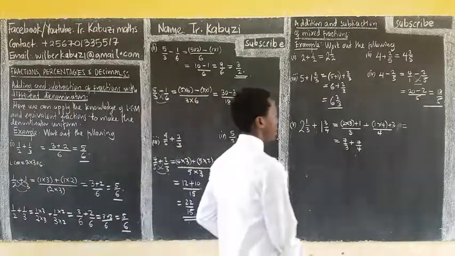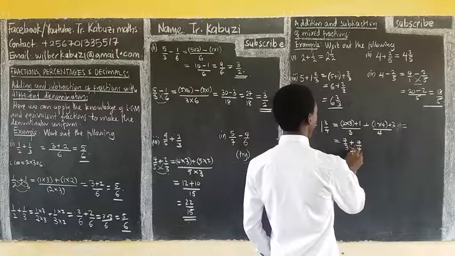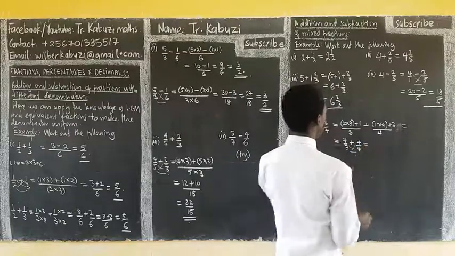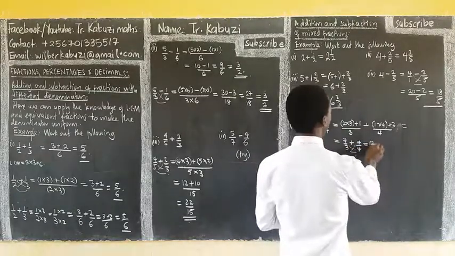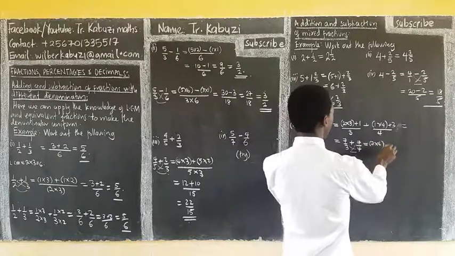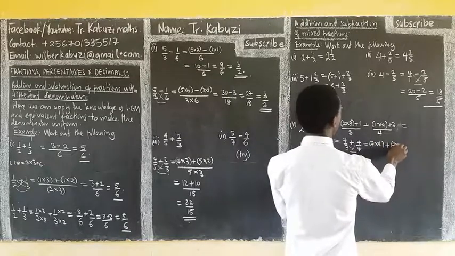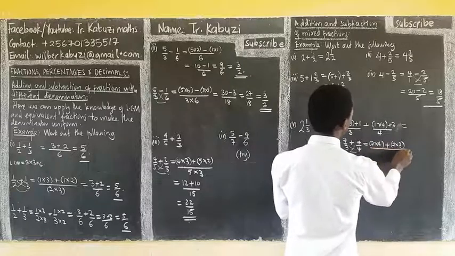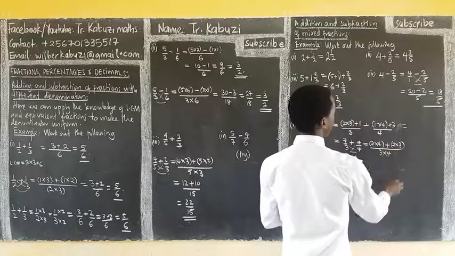We cross multiply up and down, cross multiply like this. So this times this we have 7 times 4, then plus 7 times 3, down over 3 times 4.